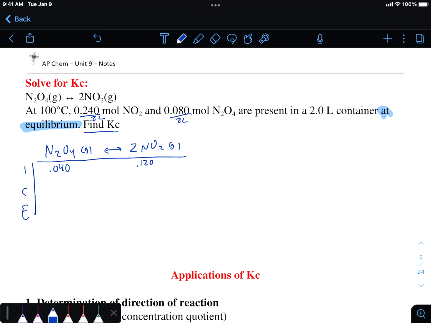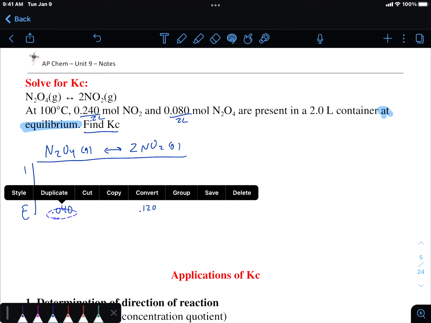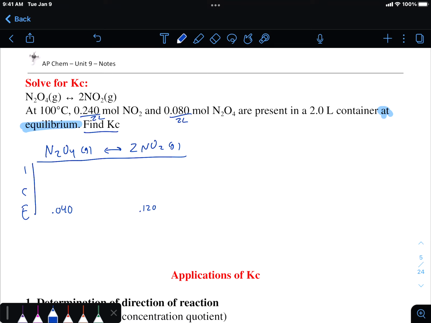Where should they be? They already gave me the equilibrium concentrations. Now, the purpose of an ice table is to find the equilibrium concentrations. If they give you the equilibrium concentrations, you didn't even need the ice table. So I did a little bit of extra work here, but it's okay. I figured it out, and this might happen.